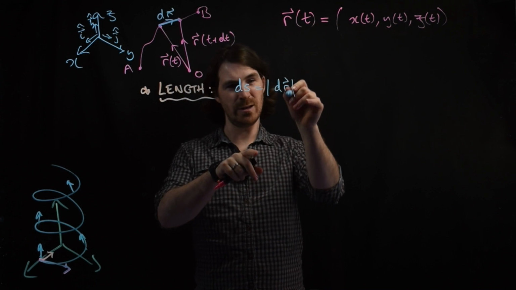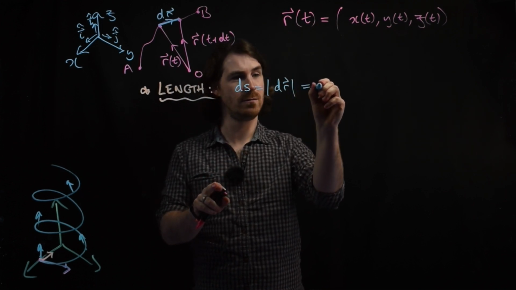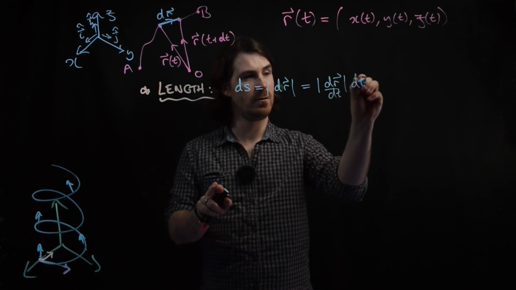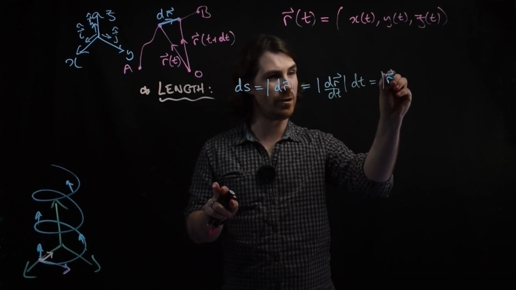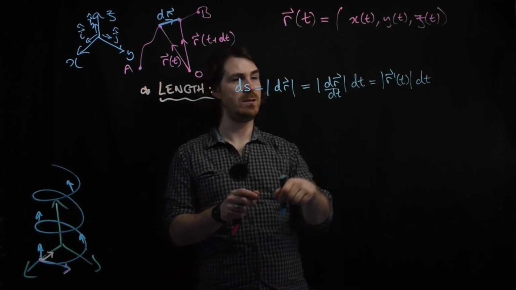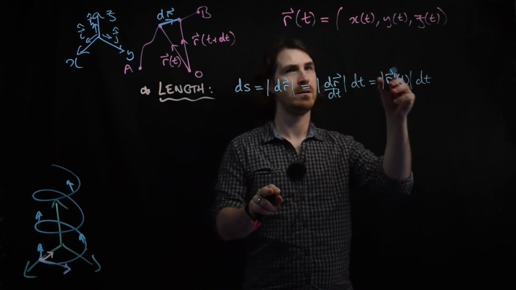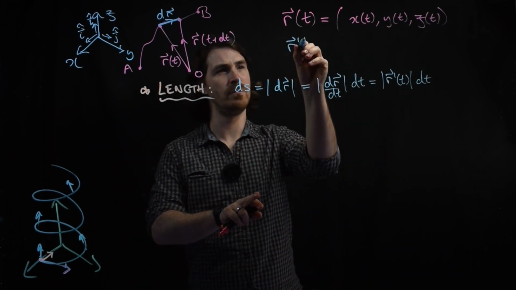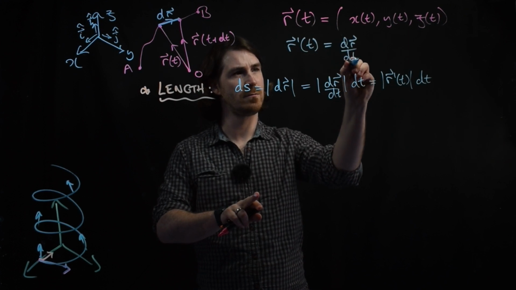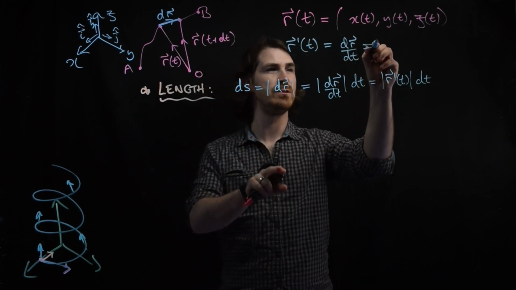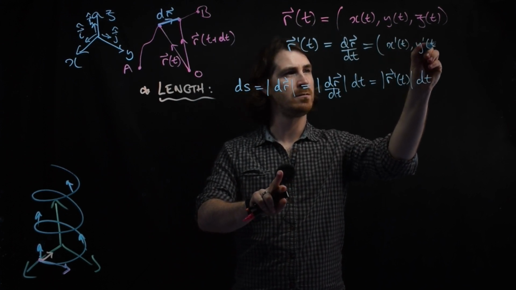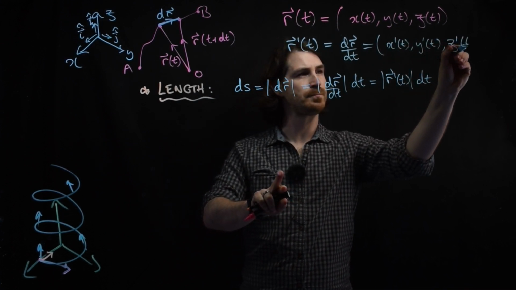And we said that this was dr by dt dt, which equals the magnitude of r prime of t dt, where r prime of t is dr by dt, so this is equal to x prime of t, y prime of t, z prime of t.